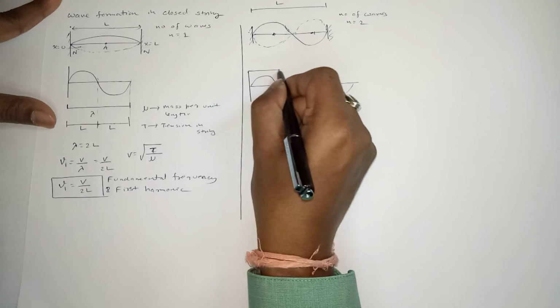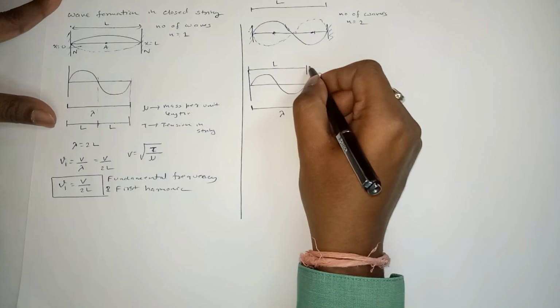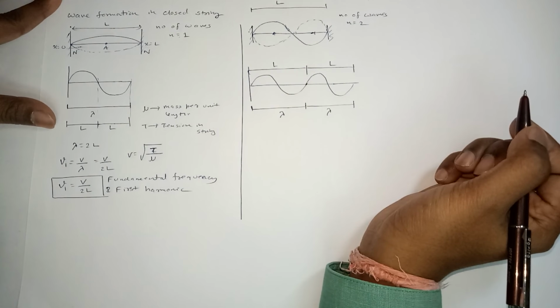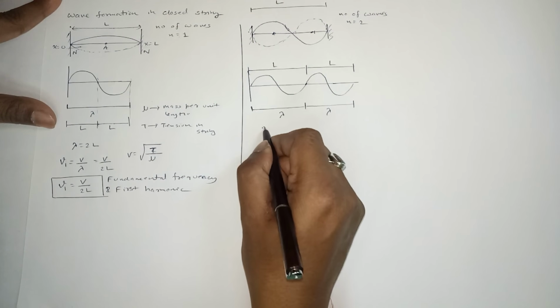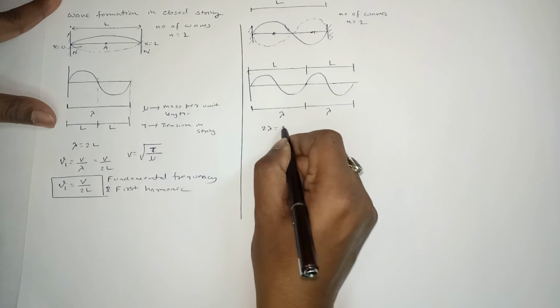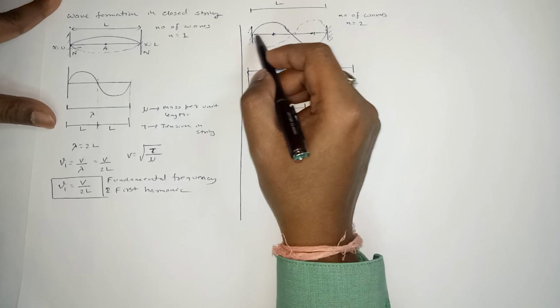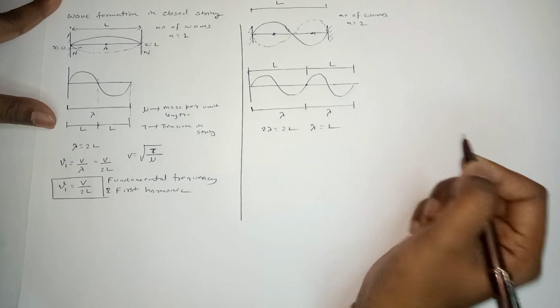So from this to this distance is equal to L, and from here to here it is also equal to L. So overall you can write that 2 lambda is equal to 2L. Lambda plus lambda is equal to L plus L, so lambda is equal to L in this case.